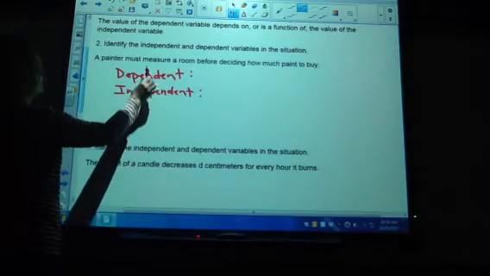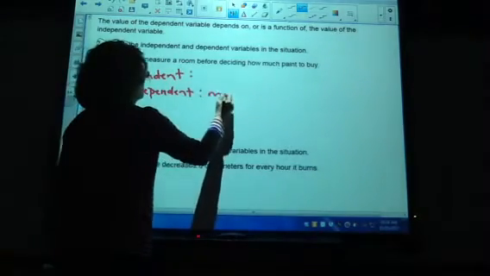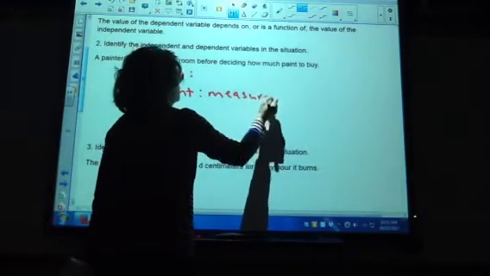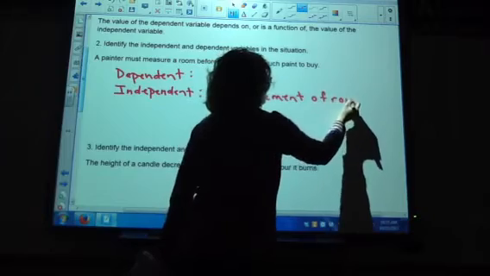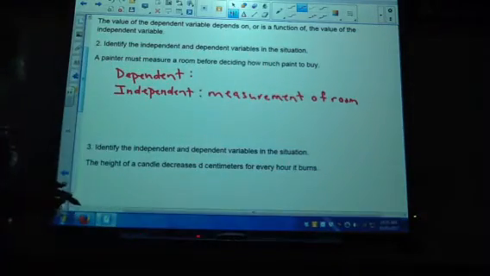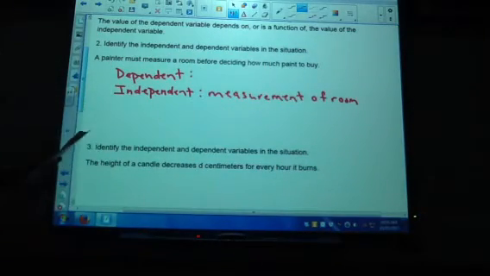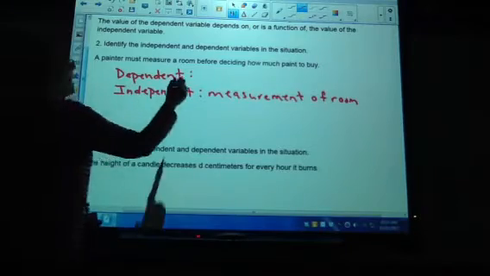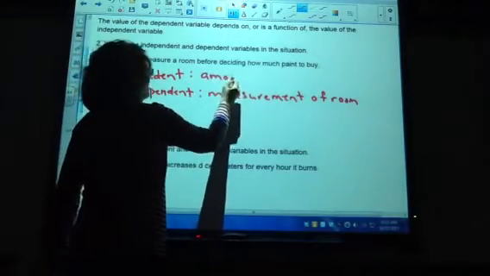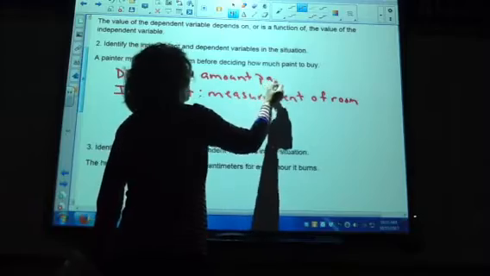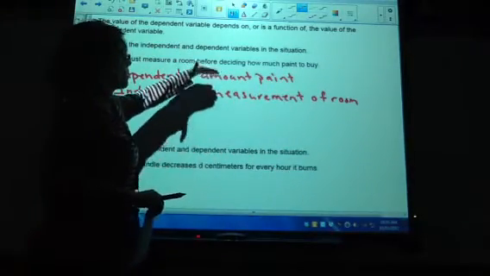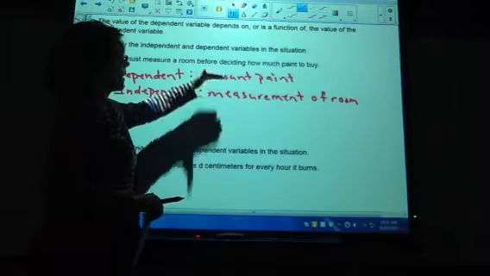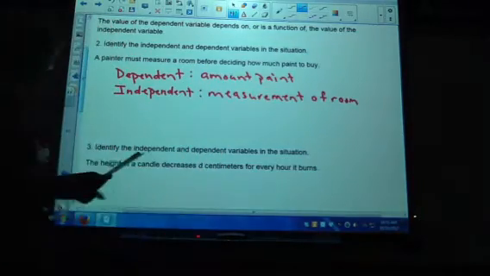What stands alone is the measurement of the room. Okay, dependent is the amount of paint. Why? Well, it depends on the measurement of the room how much paint you're going to buy. Smaller room, less paint. Larger room, more paint.